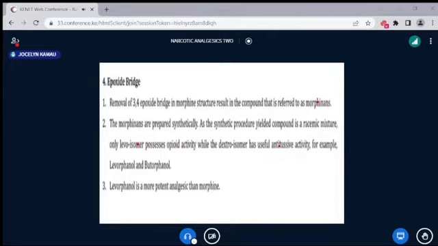For antitussive activity, the dextro isomer, dextromethorphan, is the one which has it. The levo isomer is the one which has the analgesic activity, just as for morphine. We have examples of levorphanol and butorphanol, and in a minute we're going to look at the structures. Levorphanol is a more potent analgesic compound than morphine.